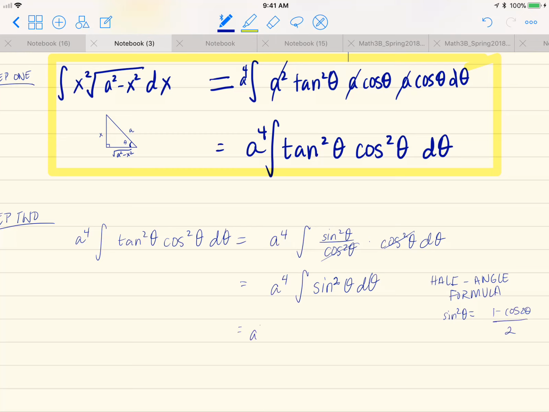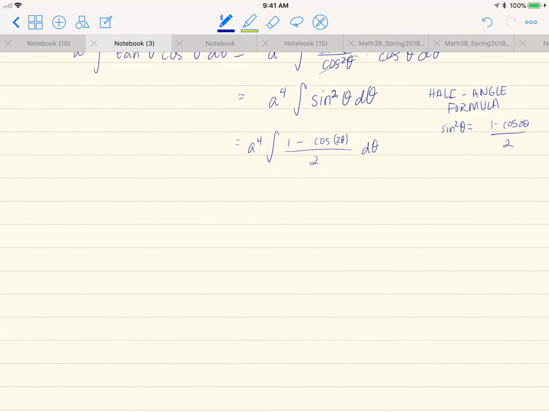So we'll have a to the 4th times the integral of 1 minus cosine 2 theta over 2 d theta. And now we say, okay, this is the integral of 1 over 2 minus cosine 2 theta over 2 d theta.